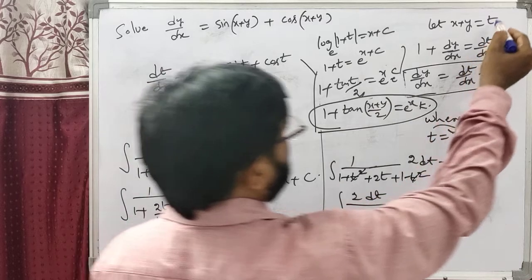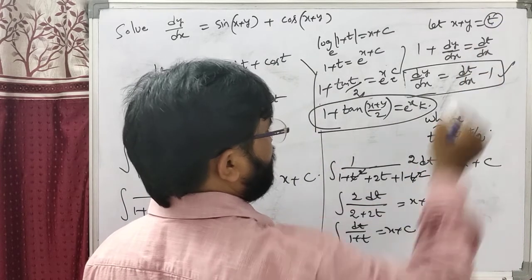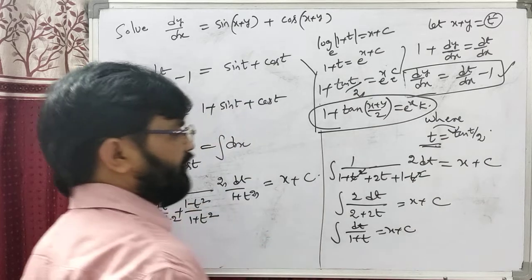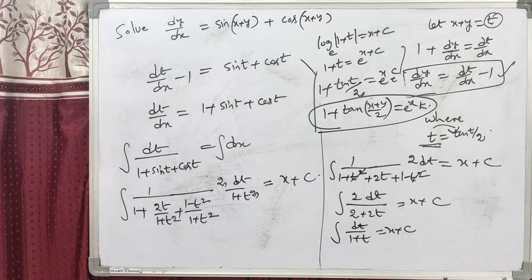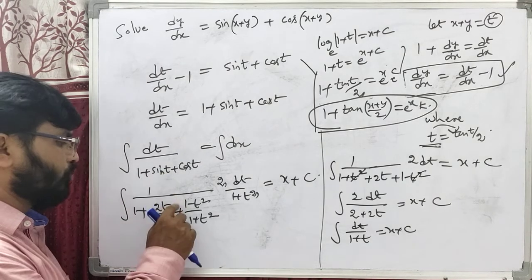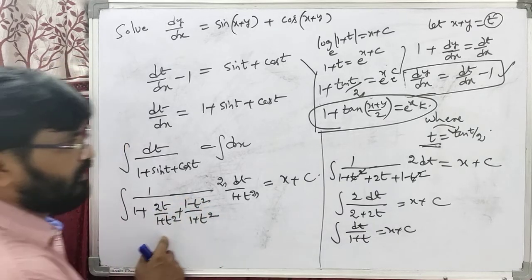Suppose you take this as u, and this can be t. Suppose it is t, this can be u, that is enough. But I took both as t, that's why there was a small confusion. Here sin theta can be written as 2 tan theta by 2 by 1 plus tan square theta by 2.